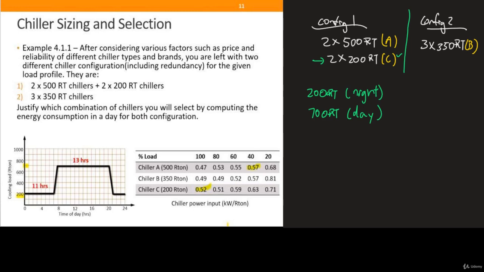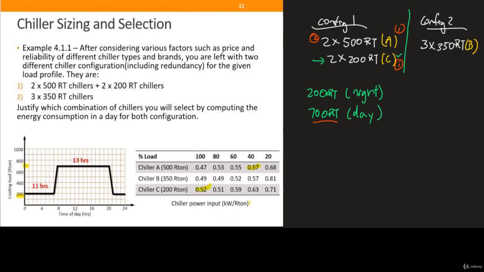During the daytime, you need 700 tons, and you only have these two sets of chillers. So you run 1 times chiller A and 1 times chiller C, 1 at 500 tons, 1 at 200 tons, both at full load. You will get your 700 tons. Of course, you may also think that you can run 2 chiller A, but at 70%.